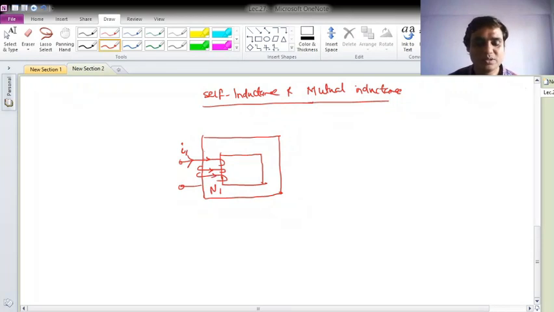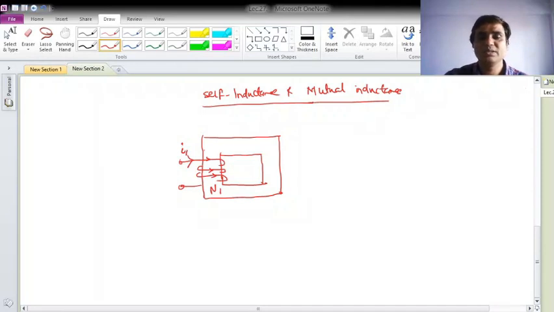Now if this current is flowing, what will happen? We can use the right hand thumb rule. Whatever the core is, I'll consider the core this way, and my fingers will be like this, with the thumb in the opposite direction.